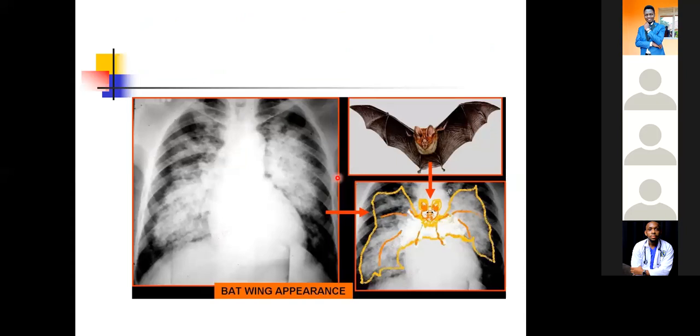We're basically saying that the opacities are bilateral and it starts from the hilar areas and spreads out into the rest of the lungs. Just like how you see this mammal has spread out its wings, and the origin of the wings corresponding to the hilar areas, and then it spreads out as that.